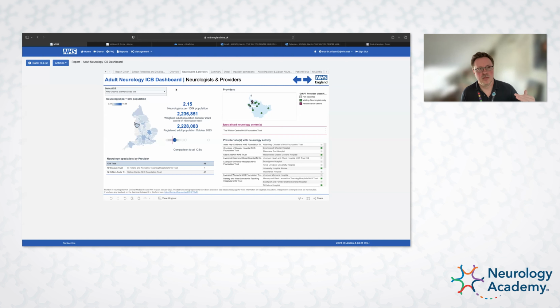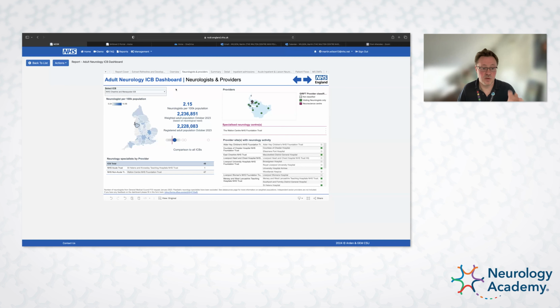So it makes sense to look at it in this way, even though in many areas, the existing neuroscience service footprints will not obviously closely match what an ICB footprint will be. And that's sometimes apparent when you're looking at the data, and I'll touch on some of that later.